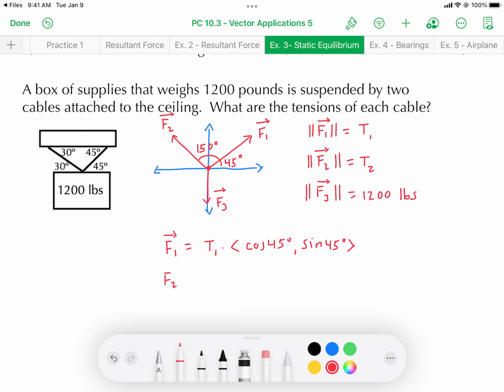And then for the second force vector, the magnitude is T sub 2 times cosine of 150 degrees and sine of 150 degrees.